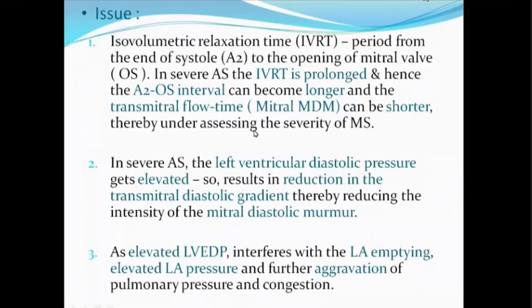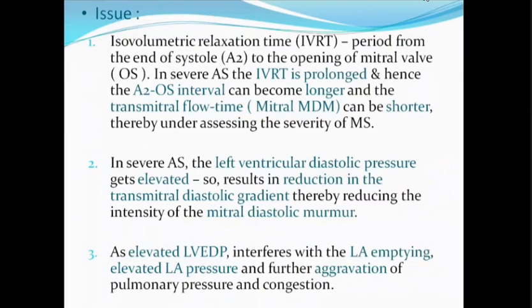Second, in severe aortic stenosis, the left ventricular diastolic pressure gets elevated. This results in reduction of the transmitral diastolic gradient, and that's why it reduces the intensity of the mitral diastolic murmur. So again, with the mitral mid-diastolic murmur, we can under-assess the severity of mitral stenosis in the presence of severe aortic stenosis.